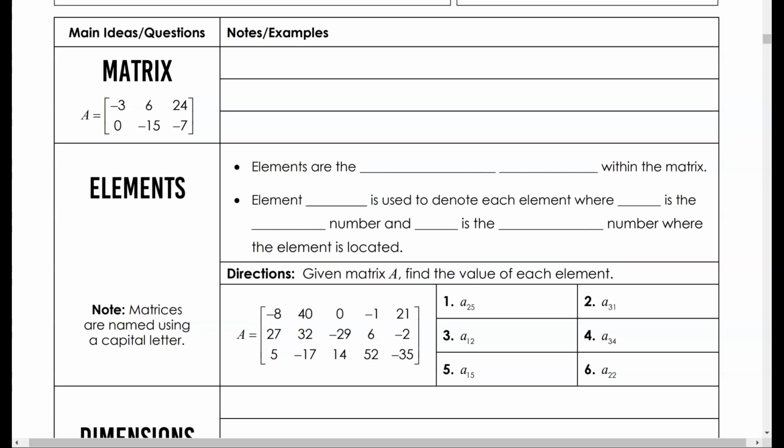All right, class, we are going to be learning about matrices today. So let's start off with some definitions. A matrix is going to look just like this.